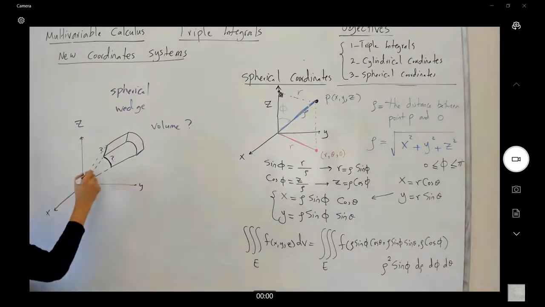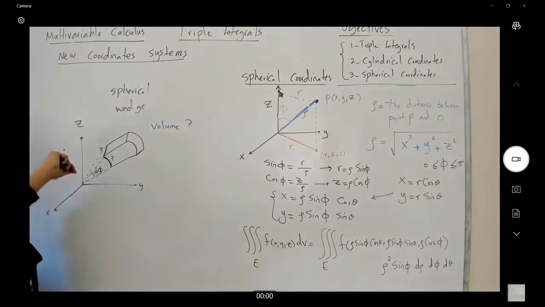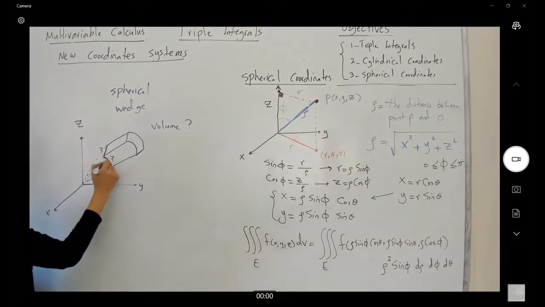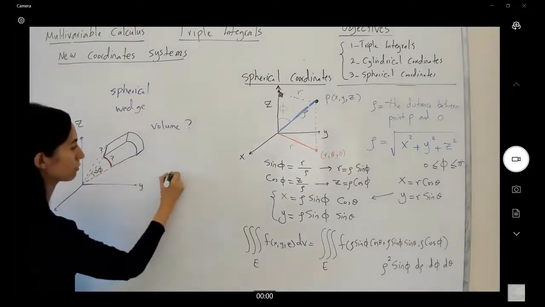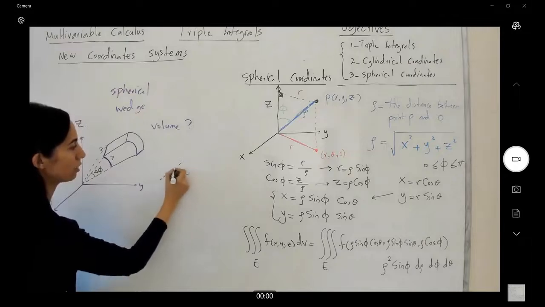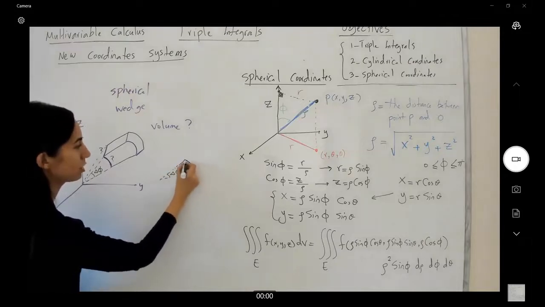Very well. So suppose this is your delta phi. It's a very small change in your phi angle. And here you have an arc, and your goal is to find the arc length. I'm going to write it down here for you. This is your delta phi, and this is your arc.